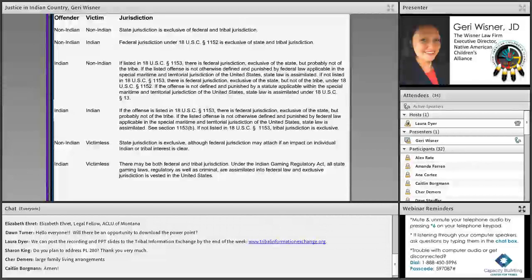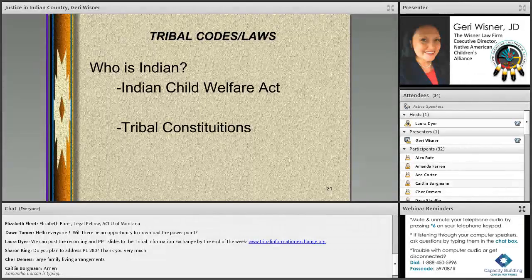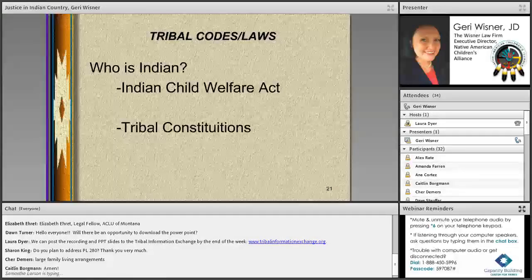But I share it with you to show how convoluted it is and how race plays a significant role in who's arrested, who is not arrested, or who is going to do the arresting, just to make sure that we can help keep Indian country safe and we know who the proper authorities are for these matters. So when we're talking about who is Indian, it can vary.